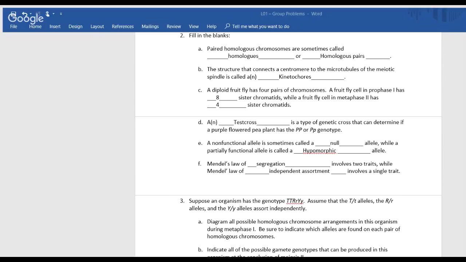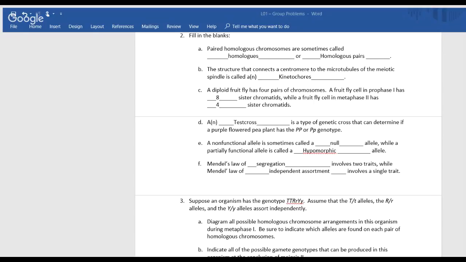Now, Mendel's law of independent assortment, this is where in prophase, pachytene, I think it's called, there'll be independent assortment.